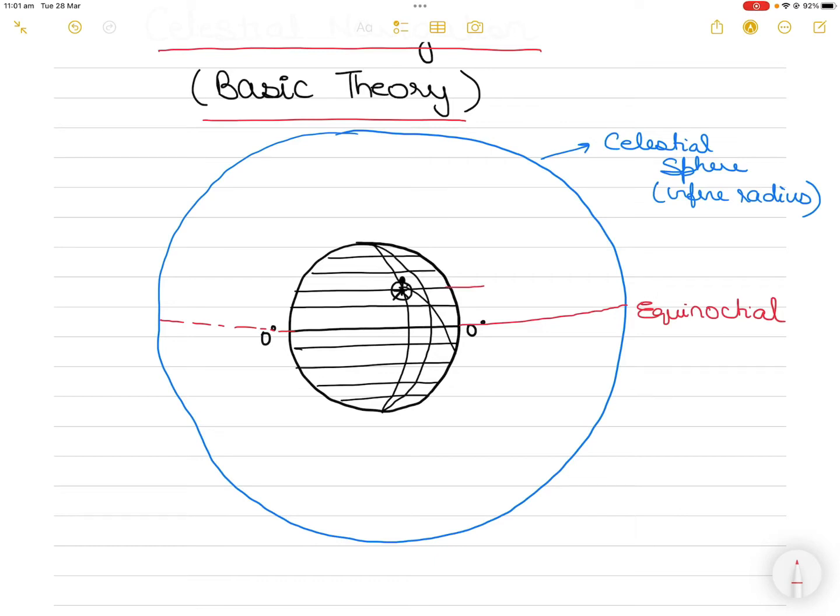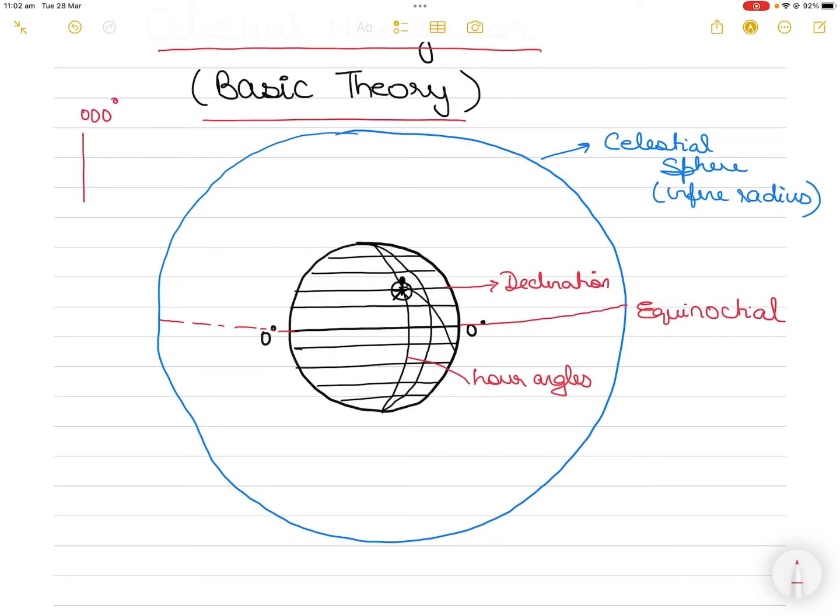The latitudes are then called declination circles, and the longitudes are called hour angles. But the hour angles are not measured similarly to the longitudes. The longitudes are measured with reference to the 000 degrees prime meridian, right?